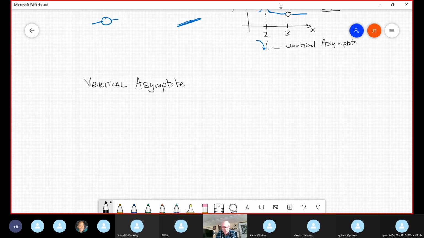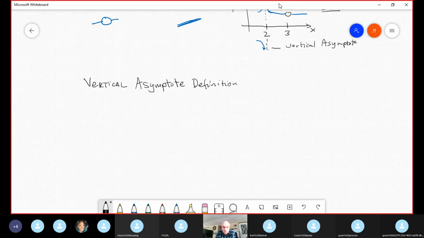Remember, a polynomial function is smooth and continuous. Rational functions, no. A rational function is discontinuous. Maybe it's smooth, but it is continuous where defined; if it's discontinuous, it's not smooth. Okay, let me see the vertical asymptote definition.